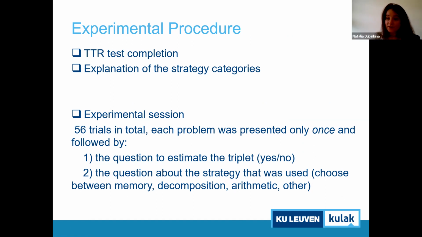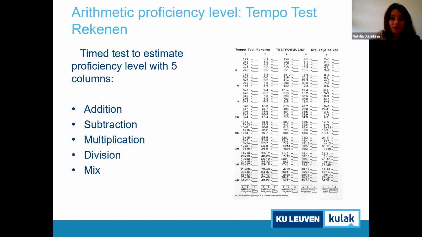They had this choice menu available, and they needed to identify which group of strategies was used to solve this specific trial. And math proficiency was measured with a timed test, which is probably familiar to many of you. This is how it looks.